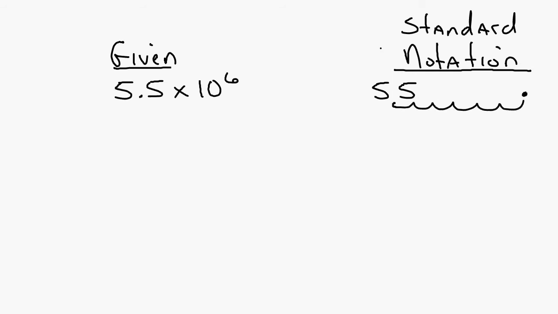Put a decimal point. In each of these little cups that you made, you just add a 0. Then you go back to the left every 3 and put a comma. 5.5 million.